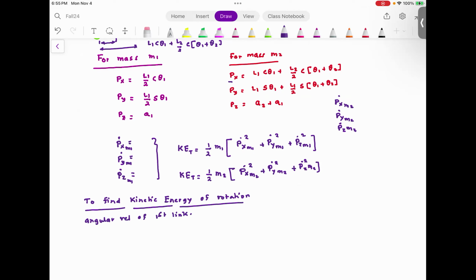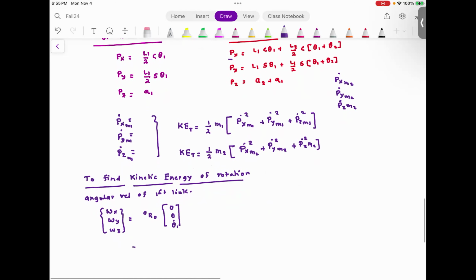Angular velocity of the first link is given as omega x, omega y, omega z is equal to the first rotation matrix, which is 0, r0 and 0, 0, theta 1 dot. 0, r0 is the identity matrix, which is going to be 1, 0, 0, 0, 1, 0, 0, 0, 1 multiplied by 0, 0, theta 1 dot.